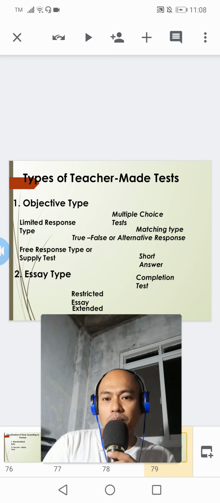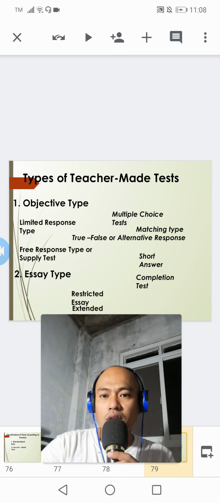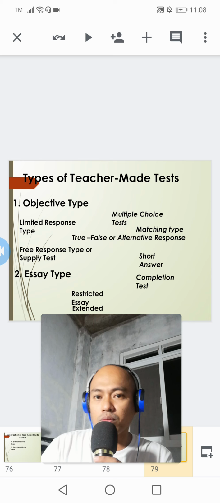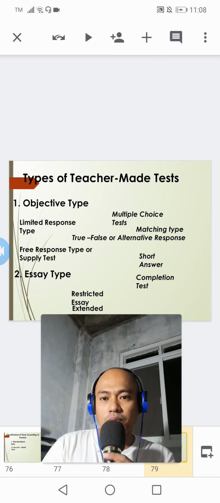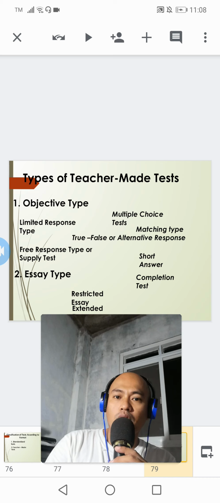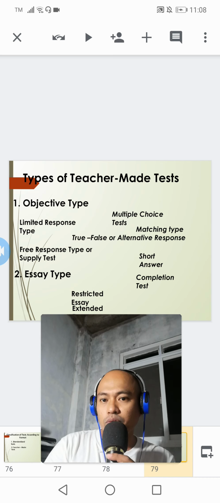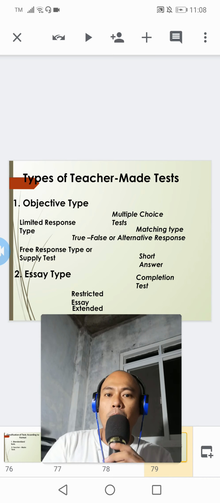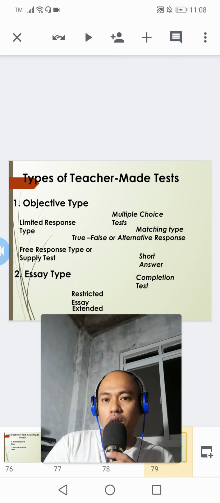So as you can see in the PowerPoint presentation, there are several types of objective exams. We can classify the objective type of exam further as the limited response type and the free response type, or the supply type of test. Under this limited response, we can use the multiple choice type of test. We can also do the matching type of test or the true or false type of test, or we can say the alternative response.